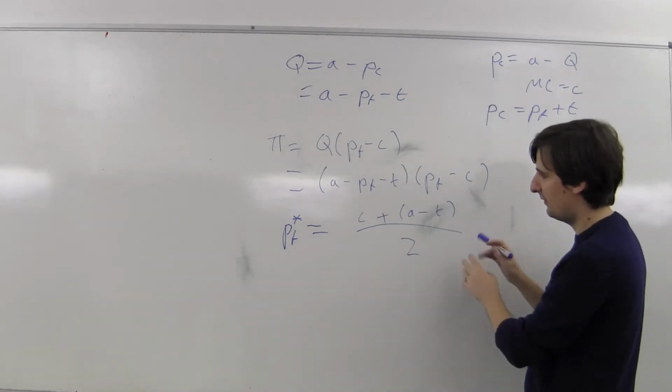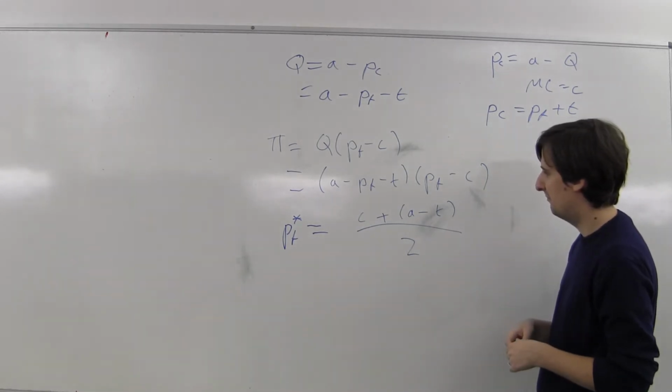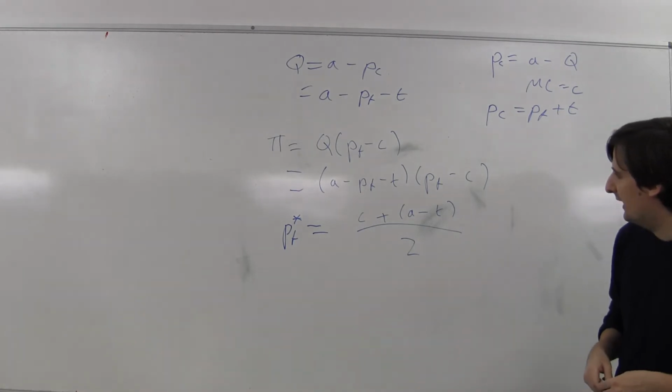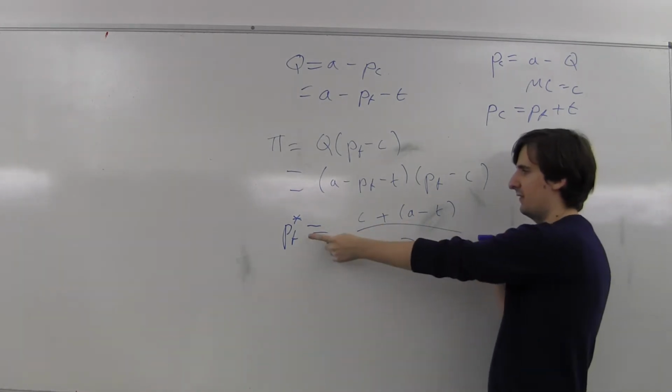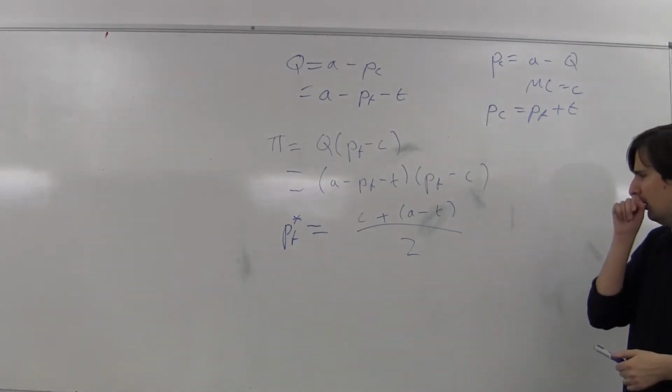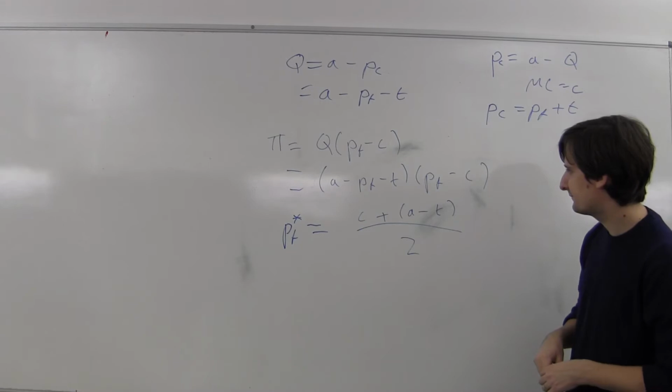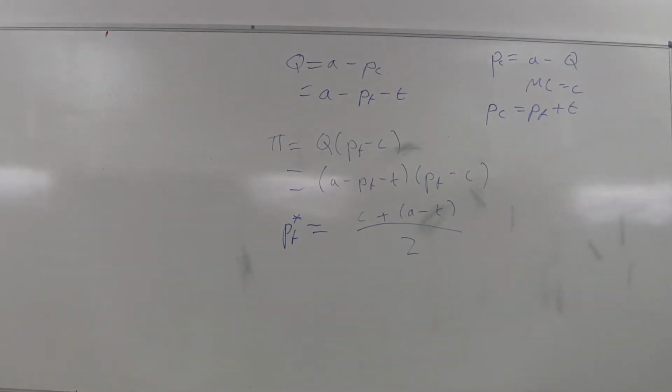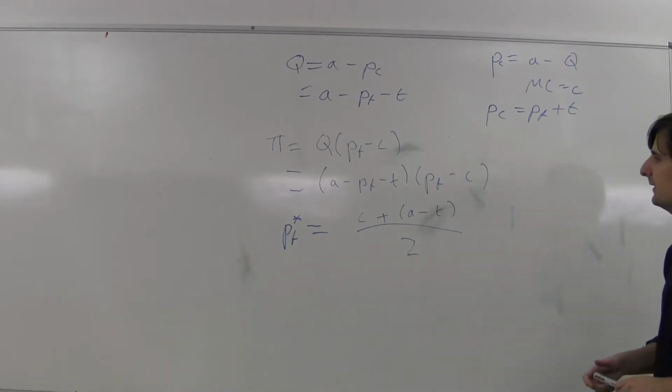Okay, so here's our optimal price. So the tax is reducing the price that the monopolist can set. That makes sense. So does that agree with the answer in the book? Yeah? Okay, so we're the right way.